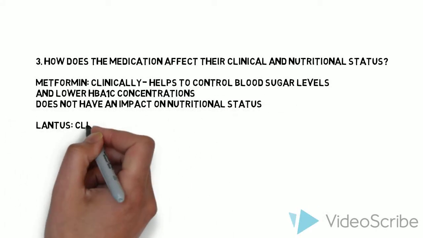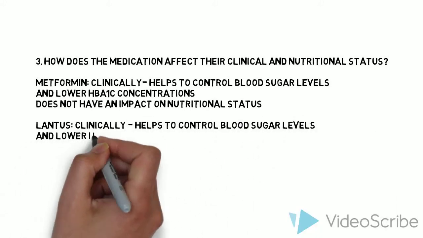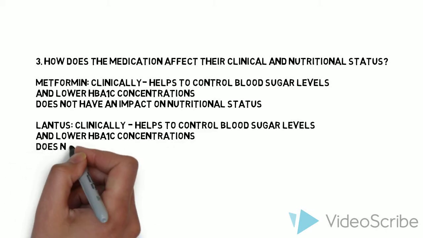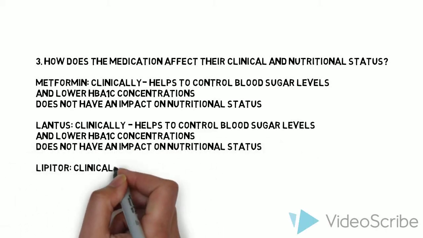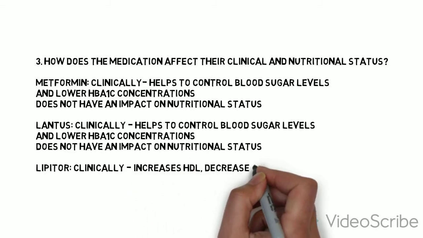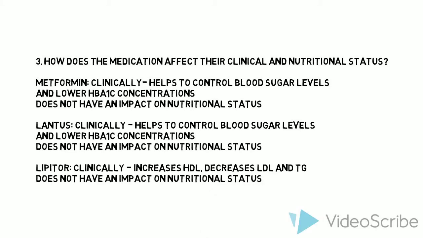Lantus is used clinically to help control blood sugar levels and lower HbA1c concentrations. Lipitor is used clinically to increase HDL while decreasing LDL and triglycerides. None of these have an impact on nutritional status.